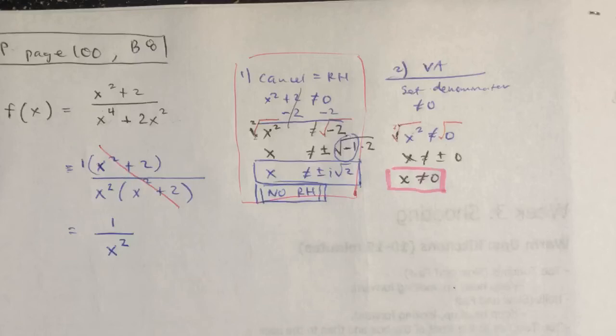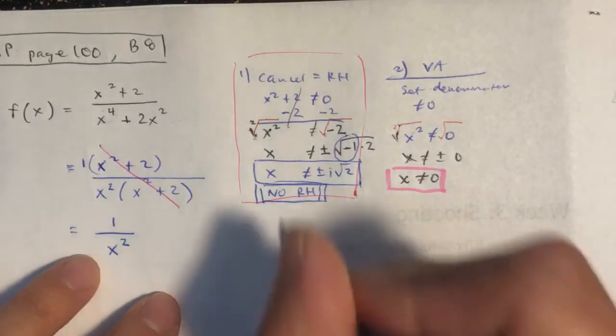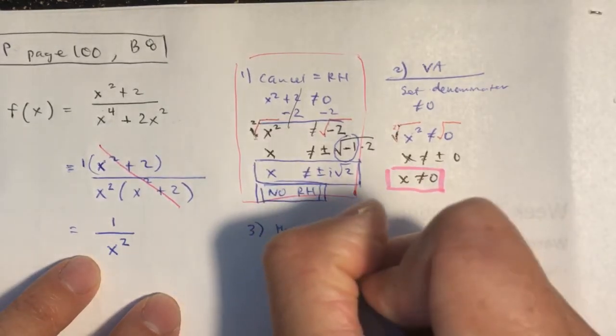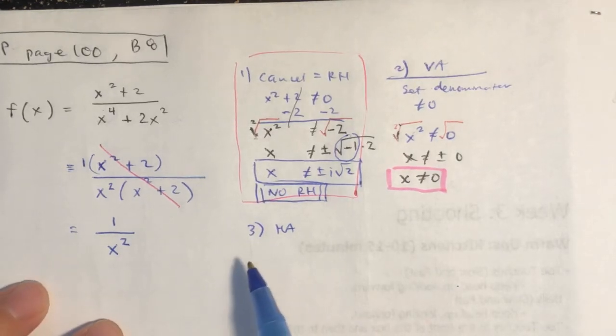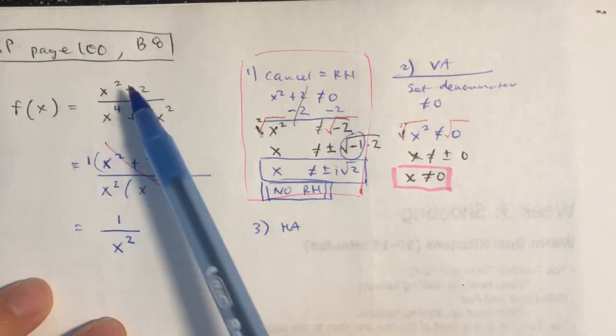So now let's go ahead and do the horizontal asymptote. What you're going to do here is compare the exponents.